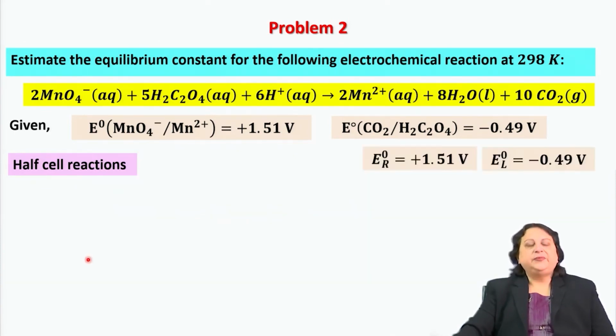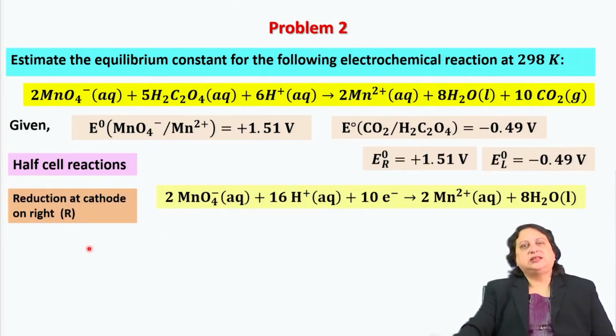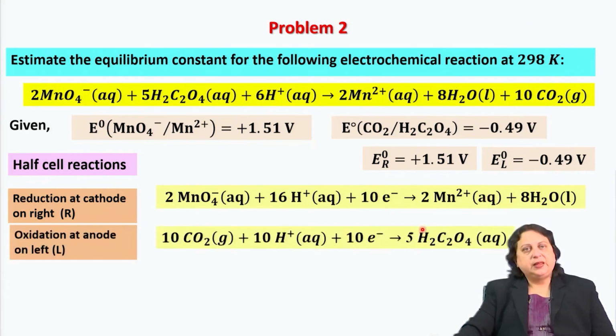That way my half cell reactions look like this. Reduction at cathode: 2 moles of permanganate ion in aqueous medium reacting with 16 moles of H plus ion in the aqueous medium and taking up 10 moles of electron, giving rise to 2 moles of Mn2 plus aqueous plus 8 H2O liquid.